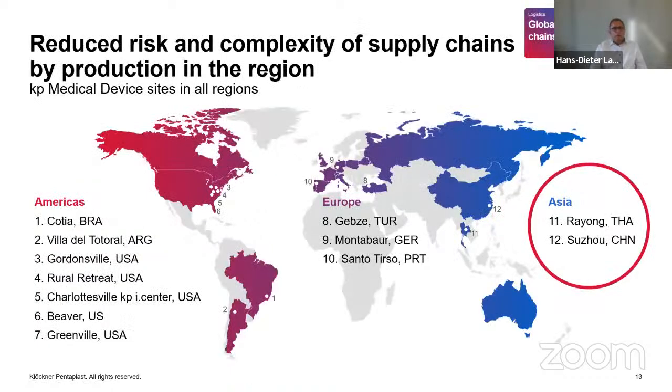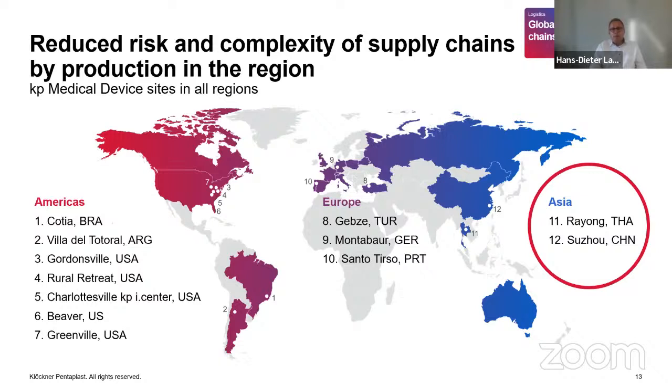As well, there is a reduced risk and complexity of supply chains by producing in the region. I think we all had experiences in the last months. First, the Suez Canal was blocked. Then there was a lot of queuing up in the ports, so that we really saw interruptions and challenges in the supply chain.